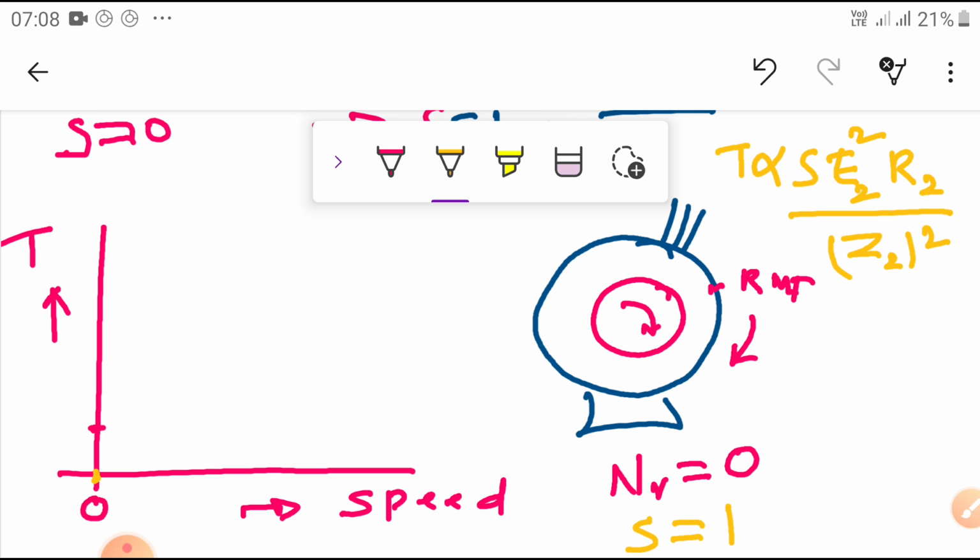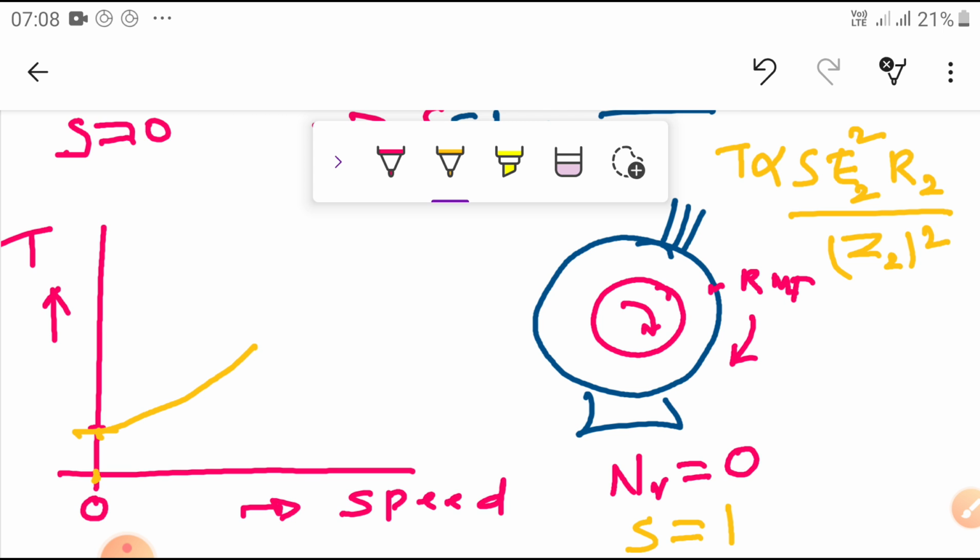Now slowly the torque is developed; this is the starting torque. The torque is developed by drawing current from the supply and goes on increasing slowly as the speed increases.